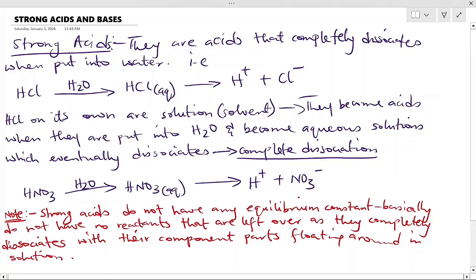That's very key to note. They do not have any equilibrium constant. So we'll be looking at strong bases in the next slide.